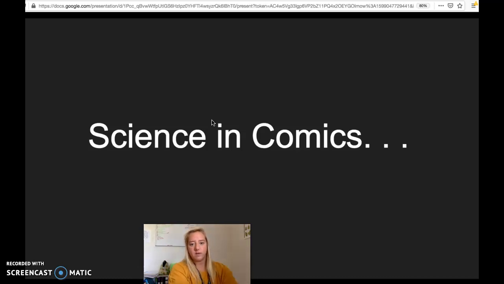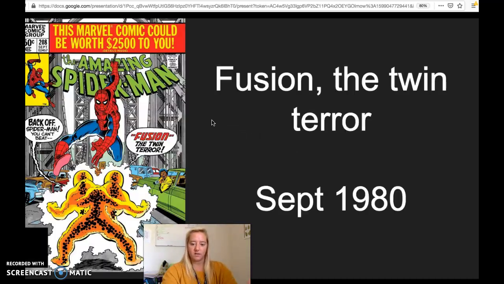It's more along the lines of science fiction, but we can still look at it and get an interest in what we're doing. So we're going to look at a Spider-Man villain from the 80s. His name is Fusion, or the Twin Terrors, and we're going to be learning about their story the next time I see you guys. Have a great day.